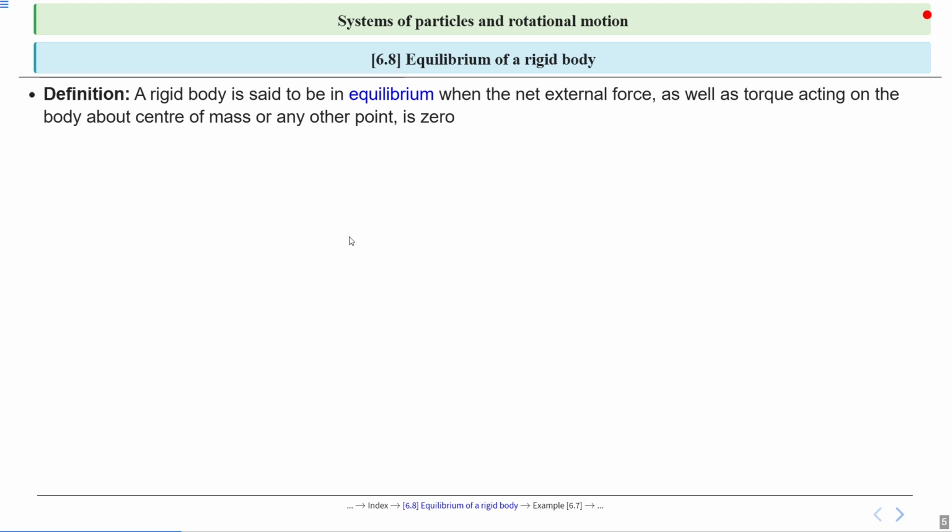So from the definition, it is clear that net external force as well as torque acting on the body is zero. It means there is no linear acceleration, no angular acceleration. So when both conditions are satisfied, we can say the body is in equilibrium. All right.